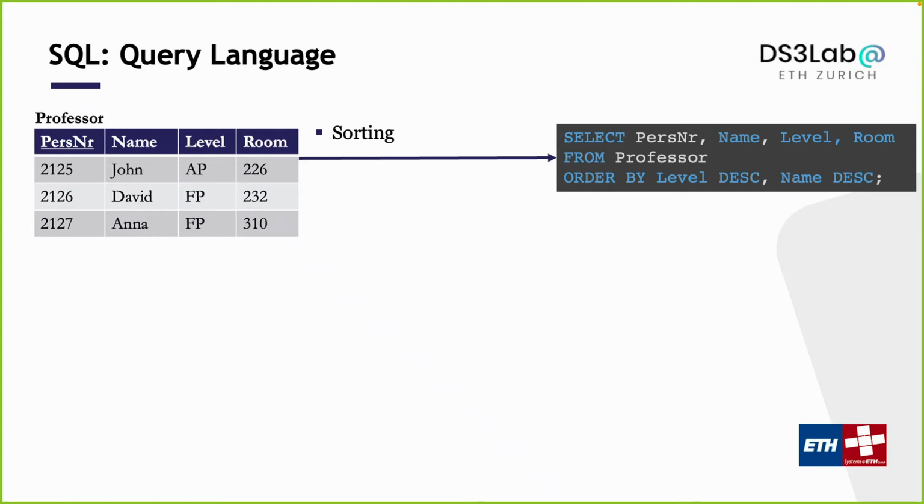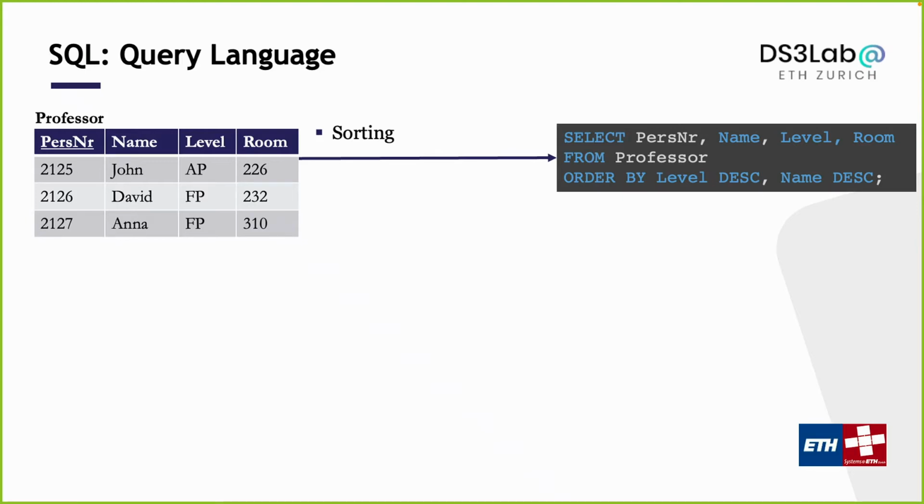And if you put multiple attributes there, it's going to prioritize the thing that you put earlier. If you have level and name, it will first sort by level, and then within level, it's going to sort by name, okay? And then you can say you want the order to be descending or ascending, those types of things, right?